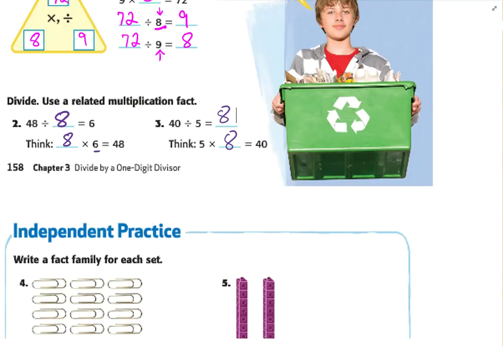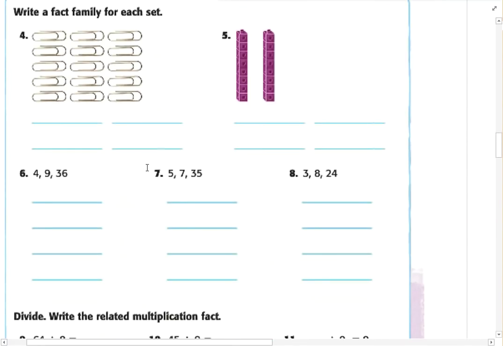So now let's look down and do some independent practice here. I'll work some of these with you. Let's change our color just to separate some of our work. If I look at these paper clips, I have 1, 2, 3, 4, 5 paper clips, and I have 1, 2, 3 columns of them. A fact family would be 5 times 3 equals 15.